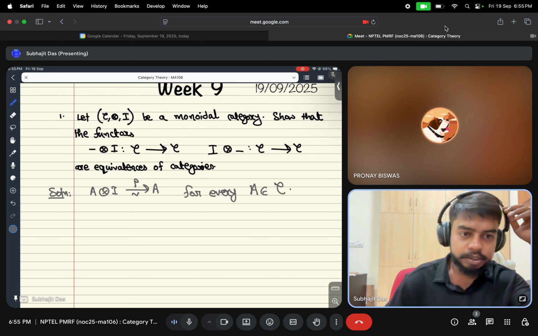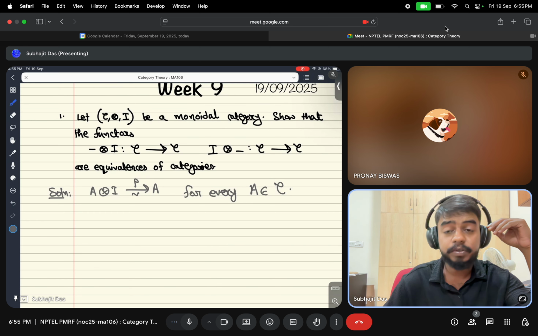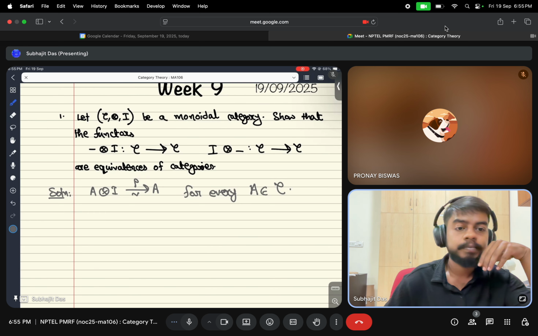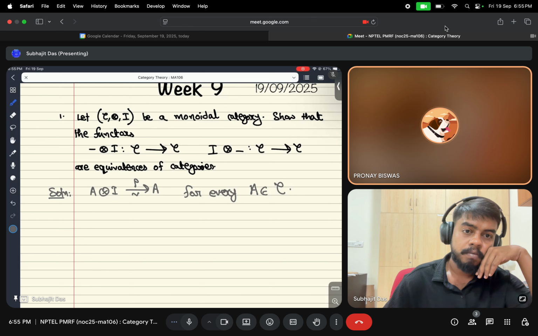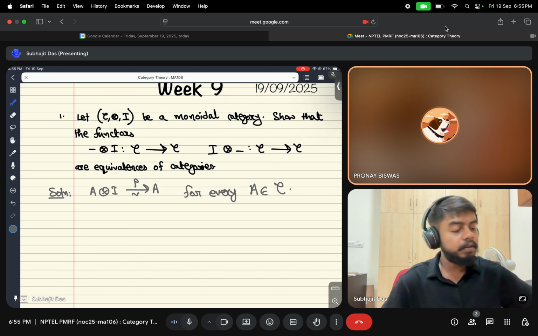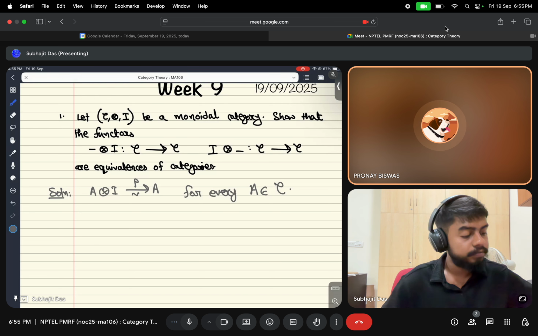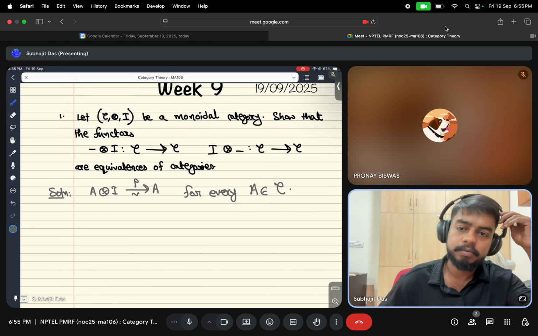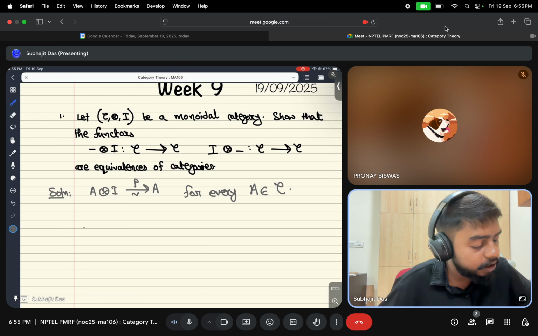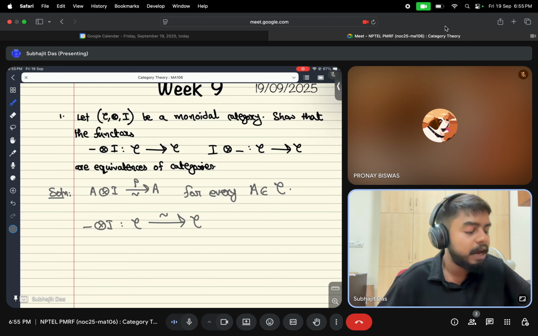Whatever definition you are using is okay, but tell me which definition you are using. No, I understand, but we need to be very precise about this. So let's focus on one functor only: tensor with I from C to C. We want to show that this is an equivalence of categories. How do we show it?